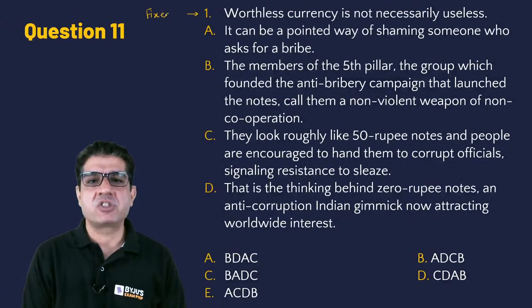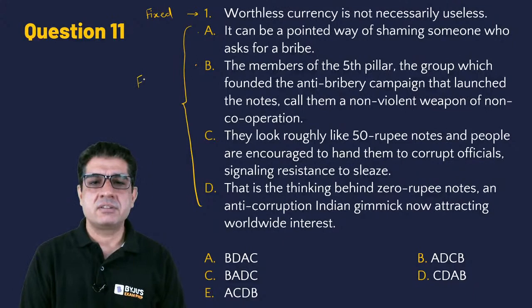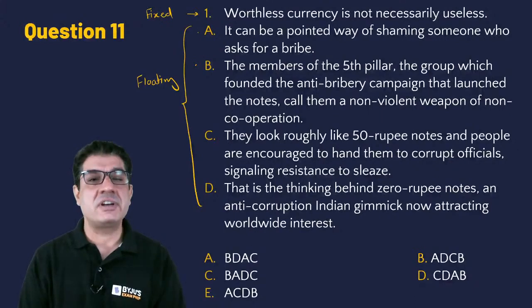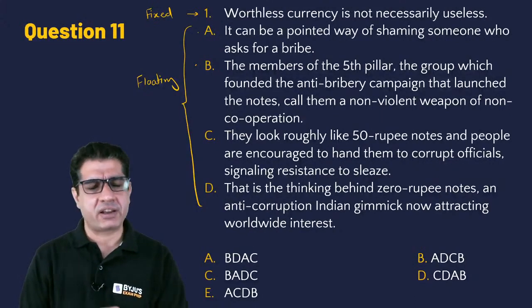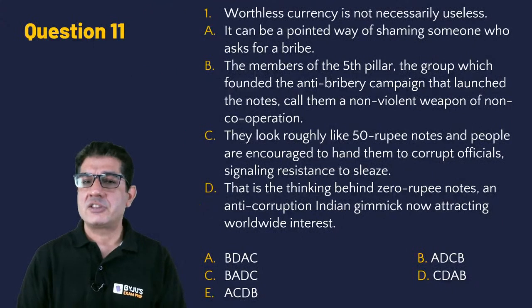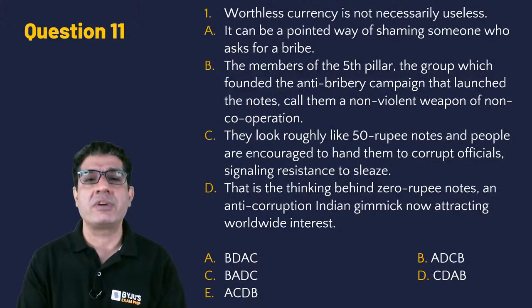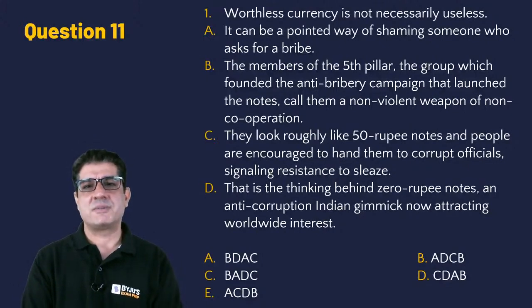Your paragraph starts here. A, B, C and D, these four happen to be floating. You need to arrange these four after the first sentence to make a coherent paragraph out of it. And your 5 options are available down below. There is no timer, but the moment I get 6 answers is the moment when we will start our discussion.